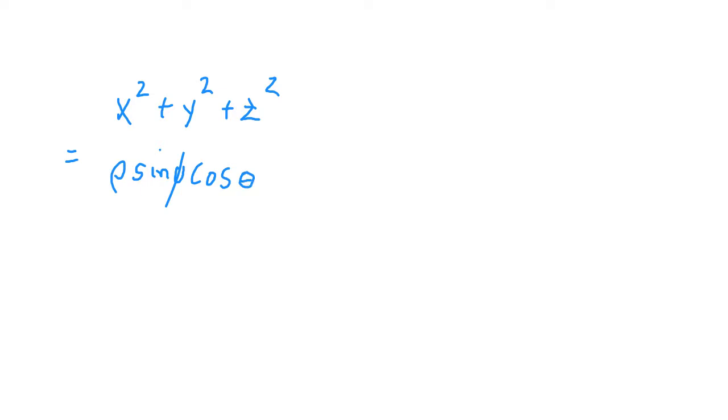Okay, if you take x squared plus y squared plus z squared, remember x is rho sine of phi cosine theta, we square that. y is rho sine of phi sine of theta, we square that.